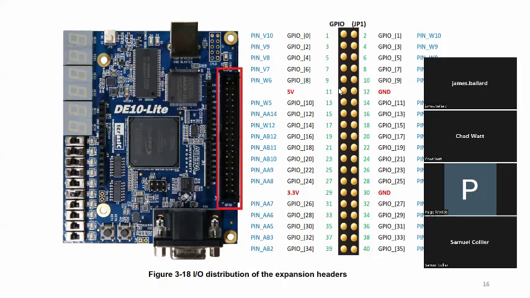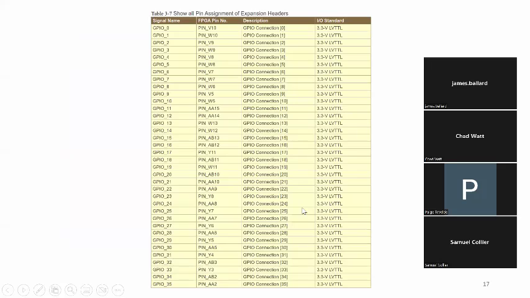So I can connect to the outside world, with 5 volt or 3.3 volt available for me to use, and the 2 grounds. On each side, I have 40 general purpose input output pins. And those are the pin assignments for all of those.